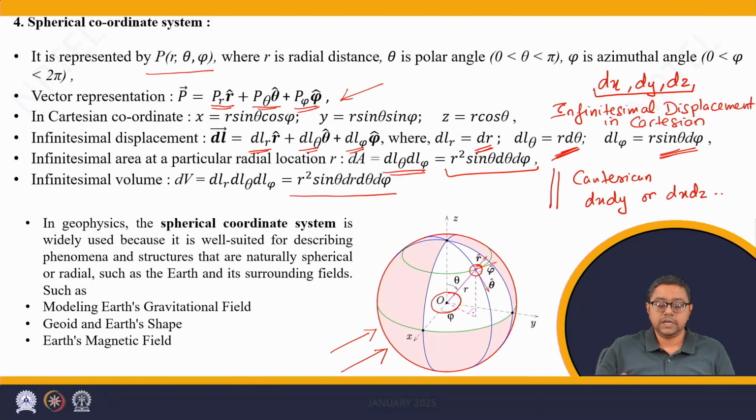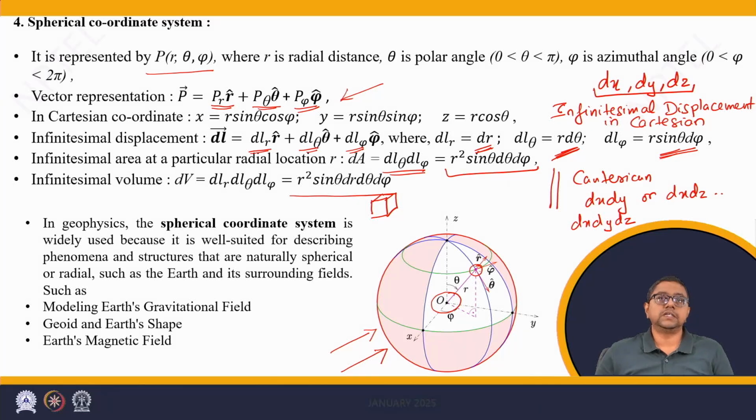So this is an elemental volume in spherical coordinate system, which otherwise in a Cartesian coordinate system would have simply come from the product dx dy dz. So it is important to recognize this difference, as this will be very useful in understanding the geophysical applications.